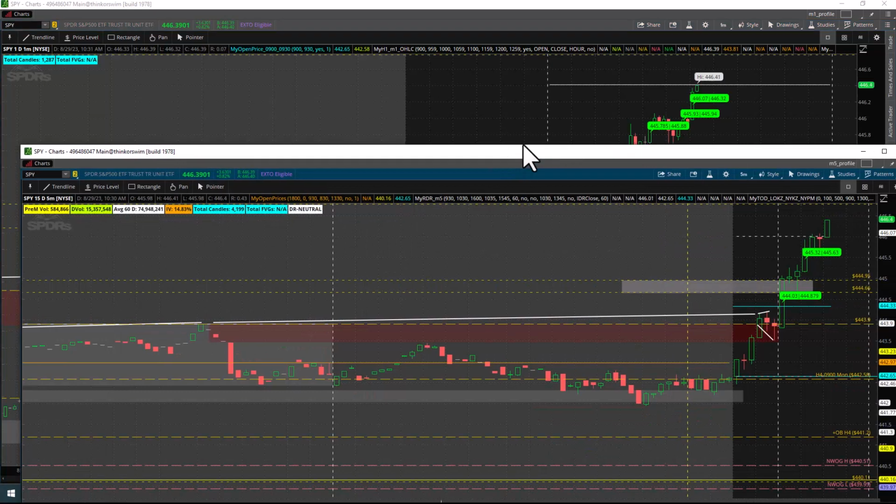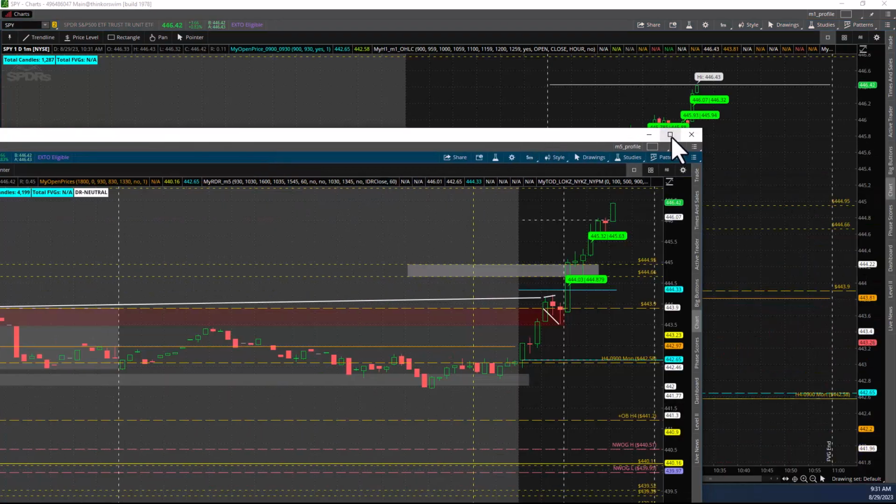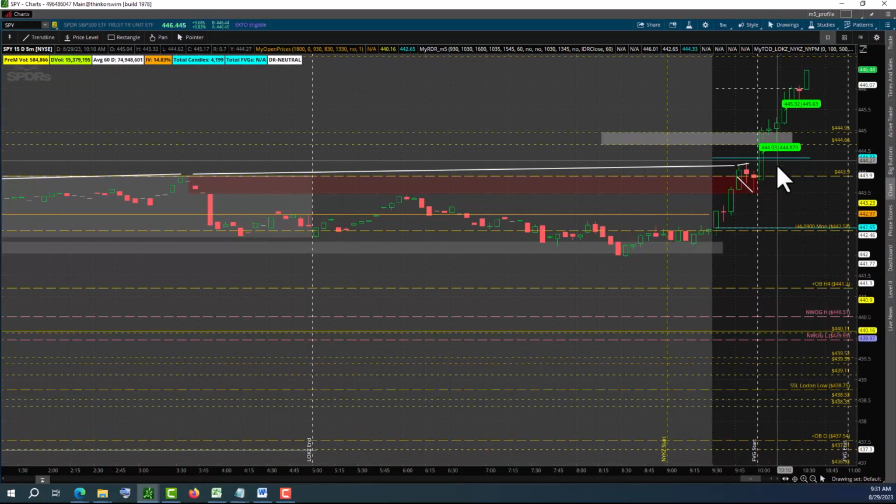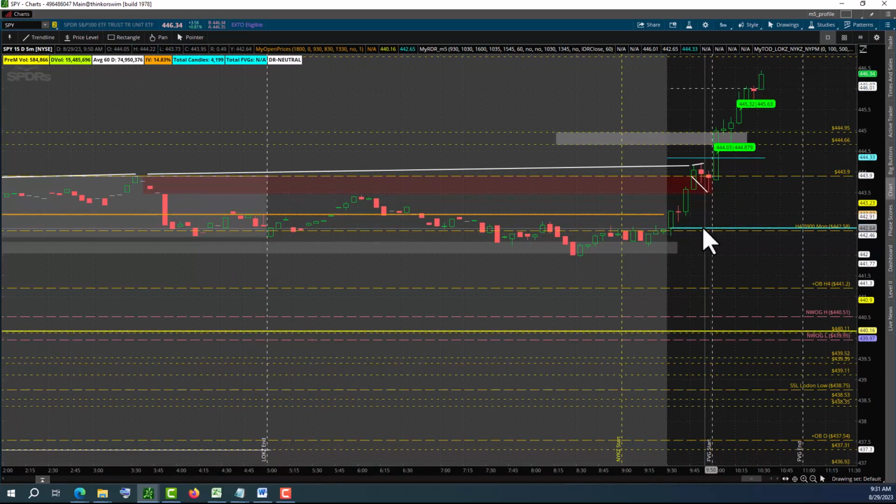Okay, look at the 5-minute time frame. We can see the DR model forming right now. So you have a mid-range level, you have a DR implied high and DR implied low right there. In this case, it's exactly the same level as the overnight 9:30.